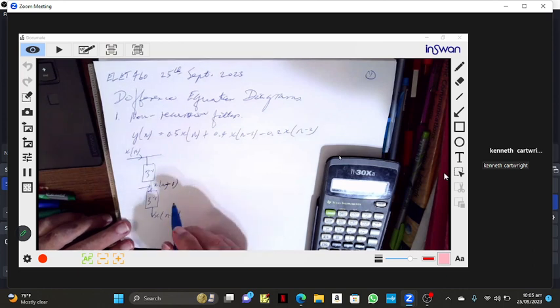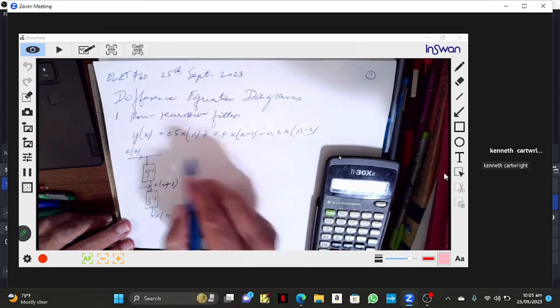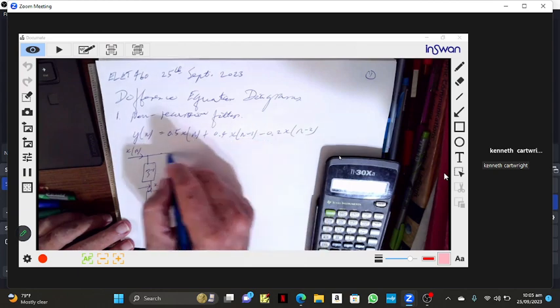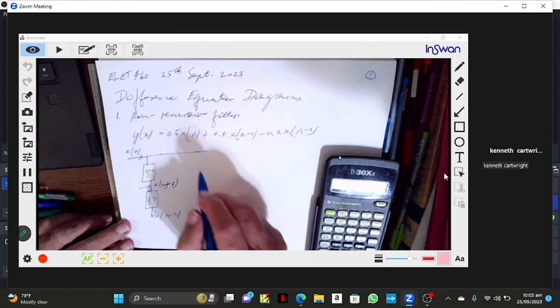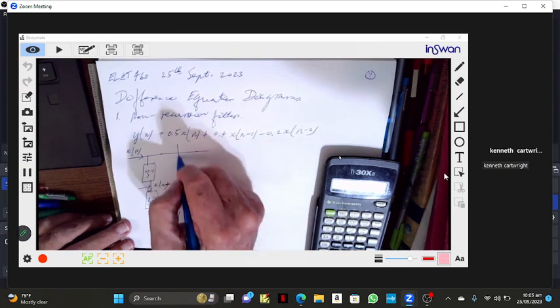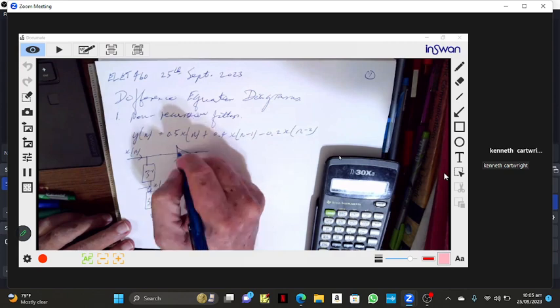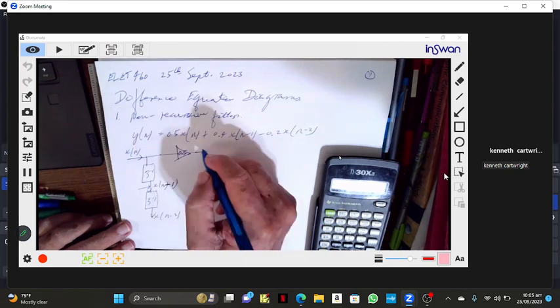And it says add 3 things together to get Y of n. Here's coefficient 0.5, so right here is 0.5 X of n.